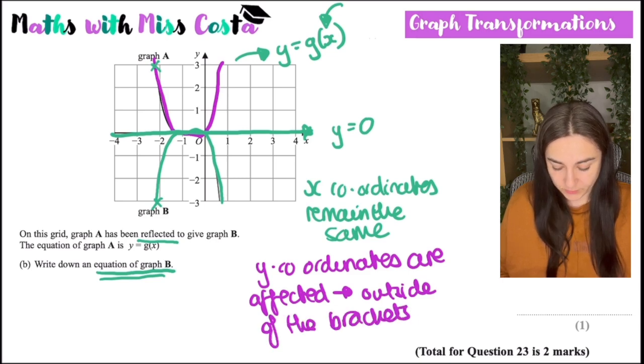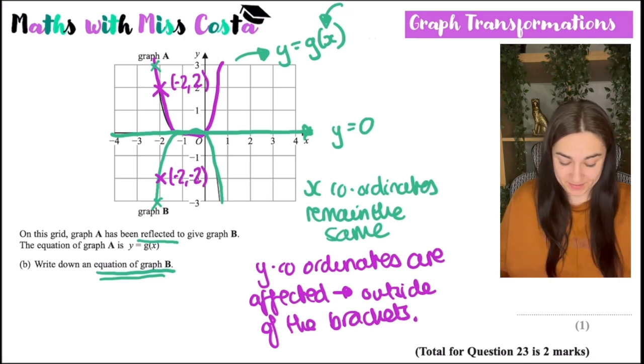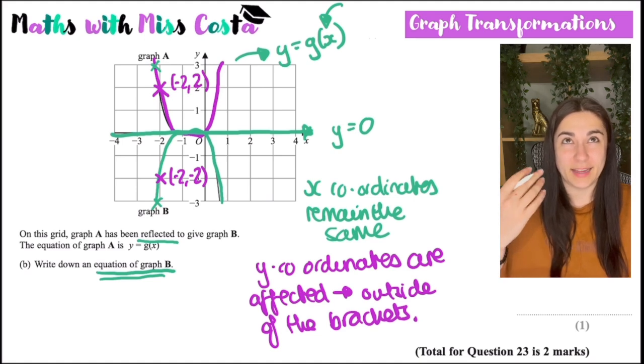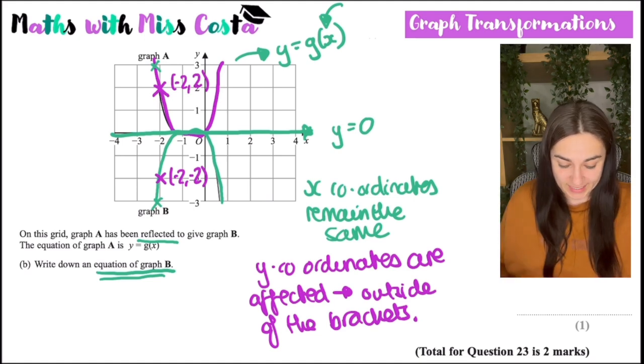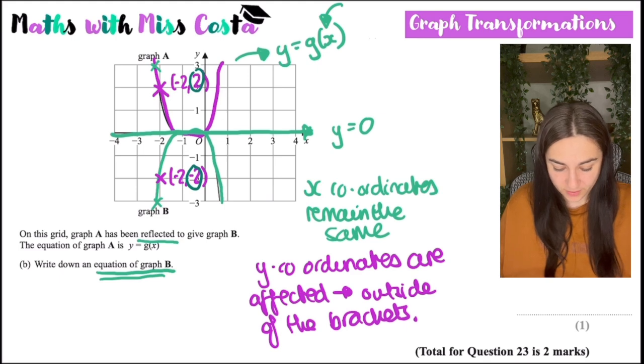So what's happening to all of my y coordinates? Well, let's just pick this coordinate here on my original graph. That would be negative 2, 2, and then its mirror image is over here, which is negative 2, negative 2. So what's happened to my y coordinate? Well, it's been inversed. It was originally positive, and now it's negative. Let's try another one.